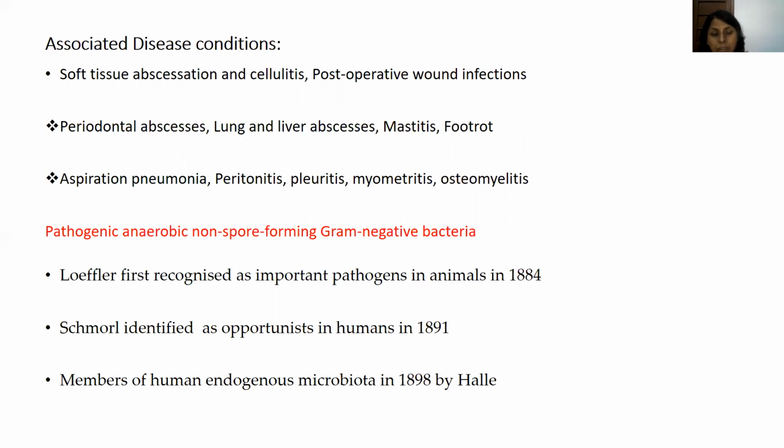The pathogenic anaerobic non-spore forming gram-negative bacteria were first recognized by Loeffler in 1884 as an important pathogen in animals, and Spermans identified these as opportunistic in humans in the 1890s.